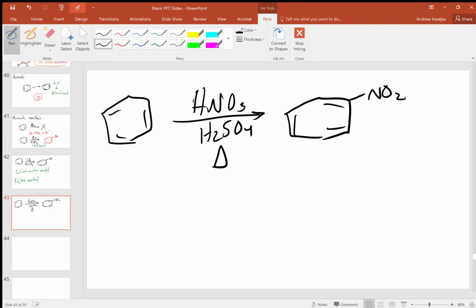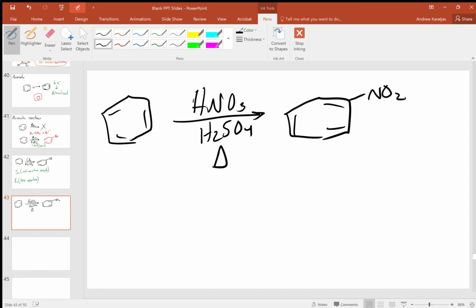And what that uppercase delta means is that we're heating the reaction up until it boils and leaving them there. But as a result, this reaction replaces one of the hydrogens on the aromatic ring with a nitro group.